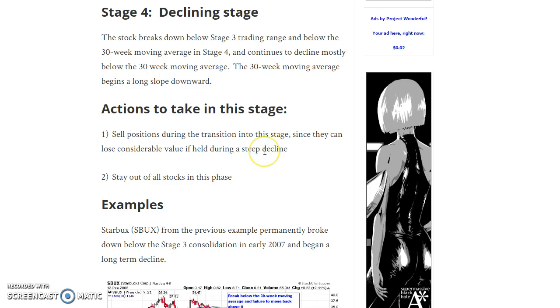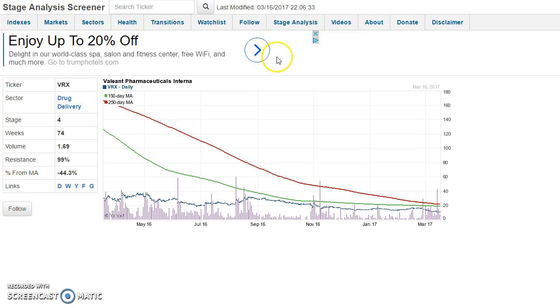So it's really the number one thing you want to do to stay in the game and eventually be around for a big bull market where you could make big money. If you look at Valeant on the stage analysis screener, which you can go to at screener.nextbigtrade.com, this stock has been in stage 4 for 74 weeks, which dates back to that time in late 2015 where Valeant started going down below the 30-week moving average and has never retaken it.